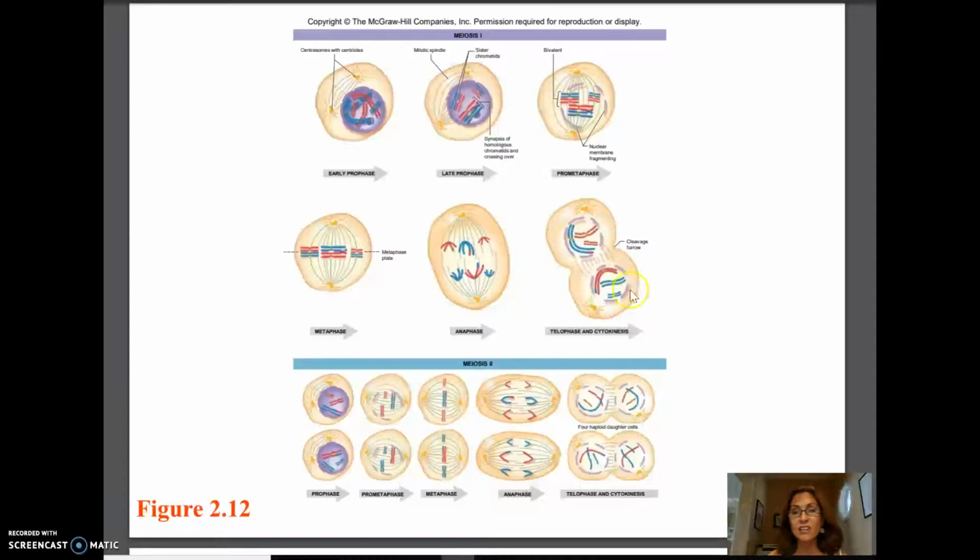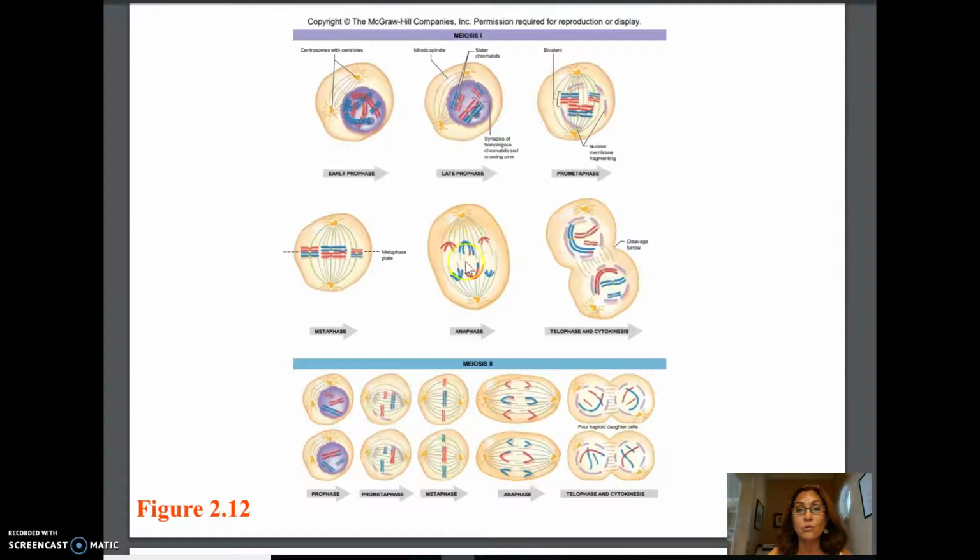And then during telophase and cytokinesis 1, you'll see the beginning of a new nuclear envelope forming around half the number of chromatid pairs, and then a cleavage furrow forming. So here we started with 3 reds and 3 blues, 6 pairs, 1, 2, 3, 4, 5, 6.